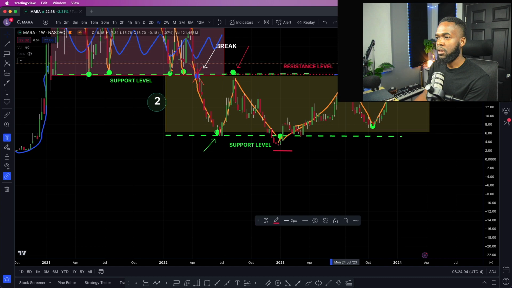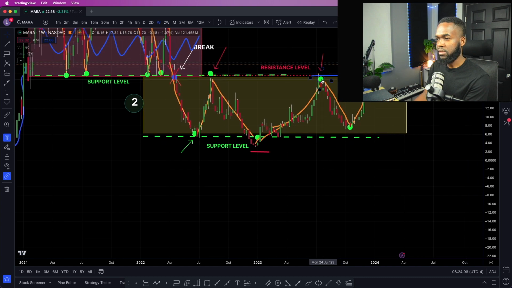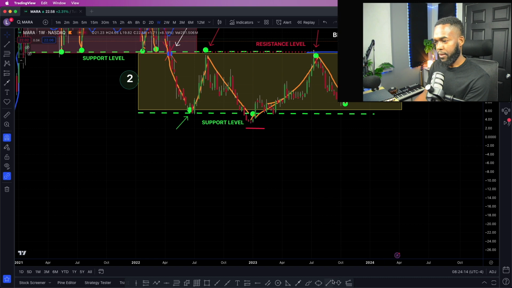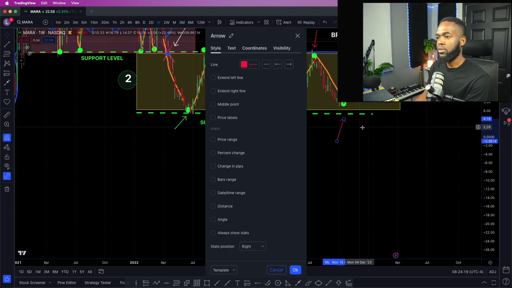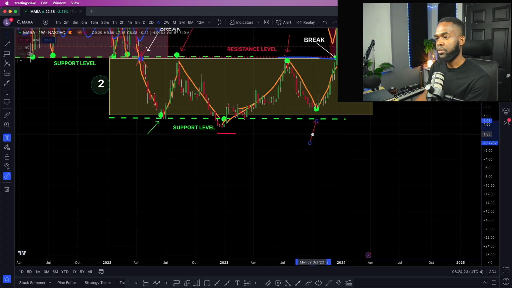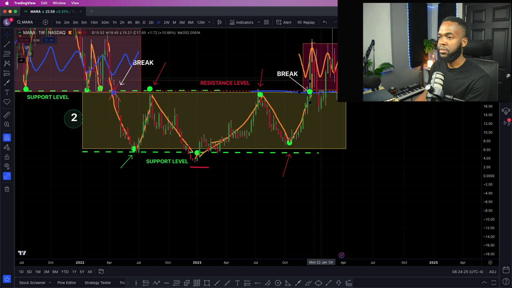For a second time, you can enter your trade here and expect price to come to this level again. Now when price comes to this level, we can bet on the stock to go higher.